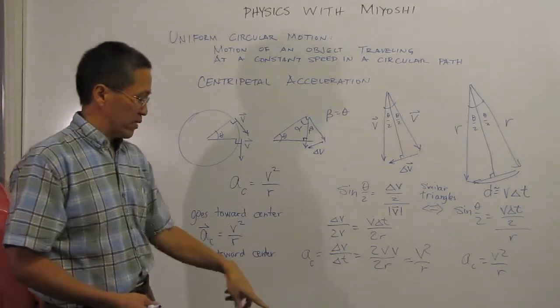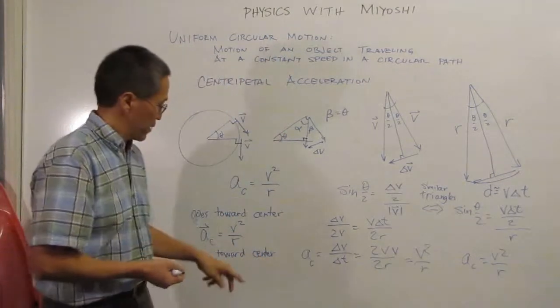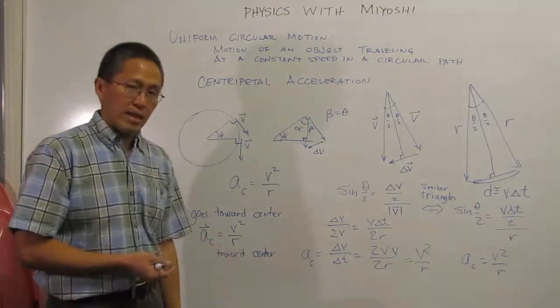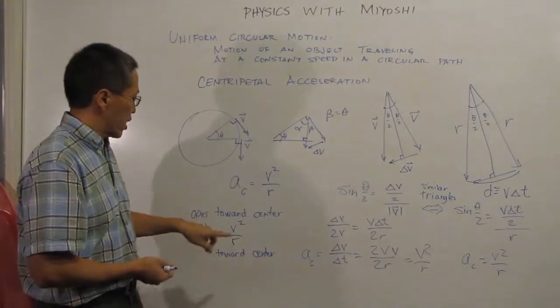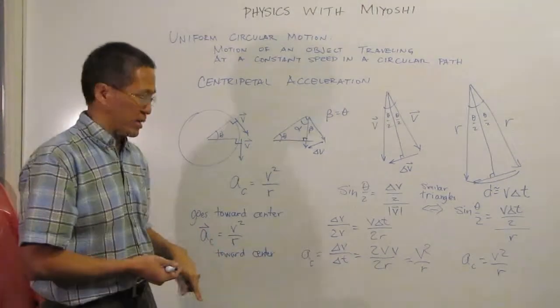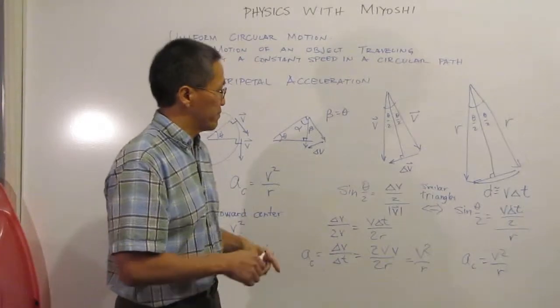And if you remember my little ball flying off into space as I let go, we remember that the acceleration has to go toward the center. So the centripetal acceleration is v squared over r going toward the center.